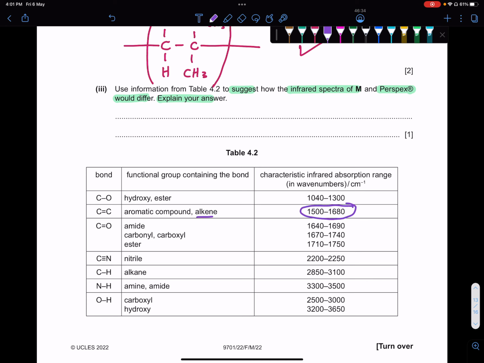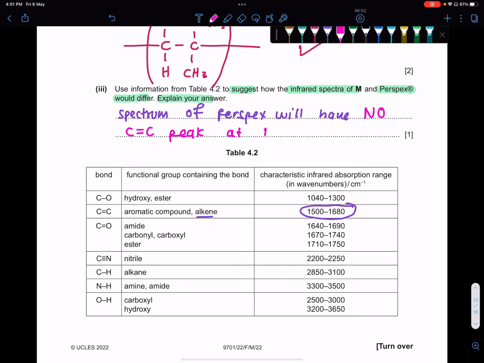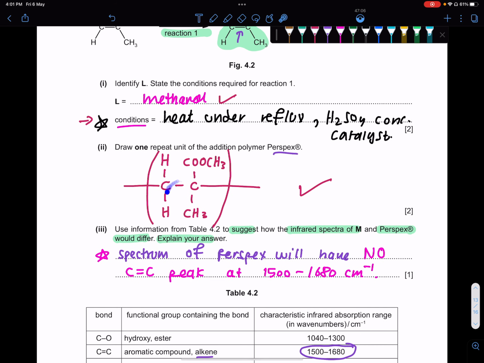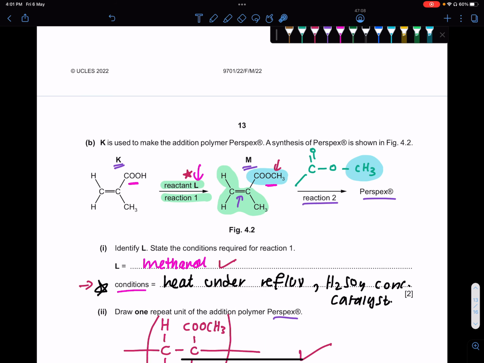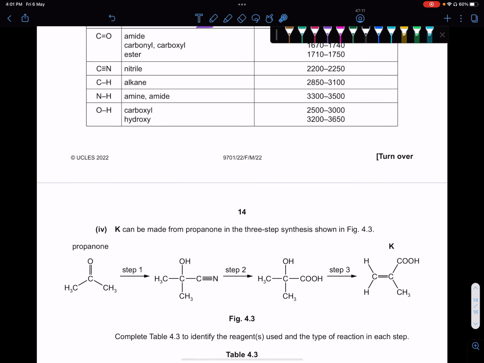So we write that the spectrum of Perspex will have no carbon-carbon double bond peak at 1500 to 1680 per centimeter wavenumber. Remember that. Very easy. There's no carbon-carbon double bond in Perspex. Can you see the carbon-carbon double bond? It is not there. It's a polymer. And there is a carbon-carbon double bond in M. This is the difference in the infrared spectra.